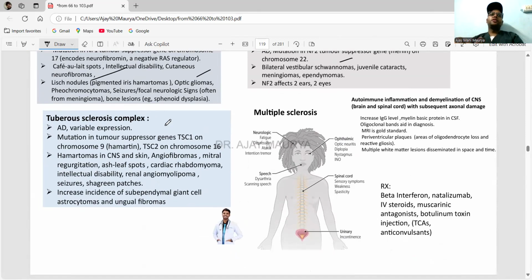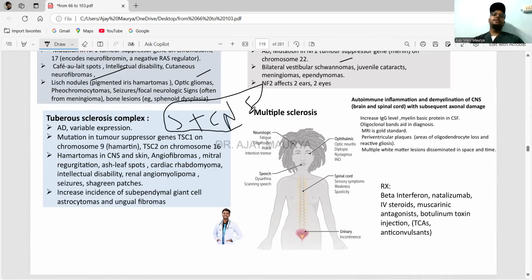TBS, I already told you about this. When there is a seizure plus there are CNS symptoms, that is tuberous sclerosis complex.